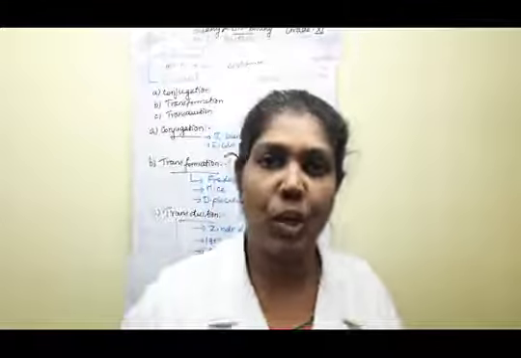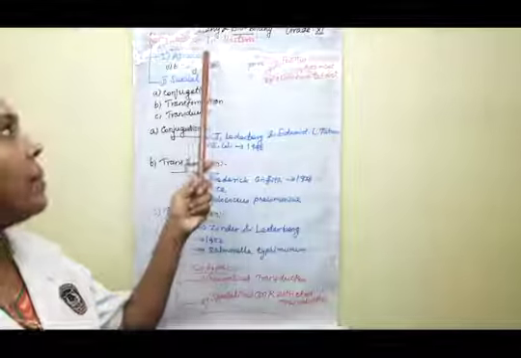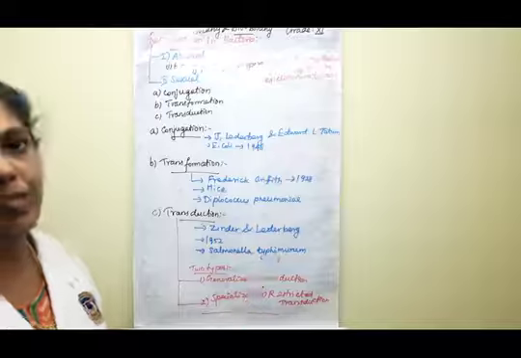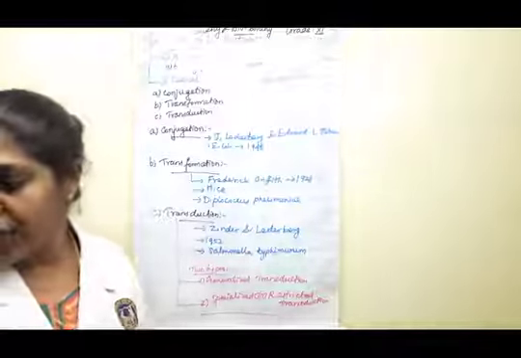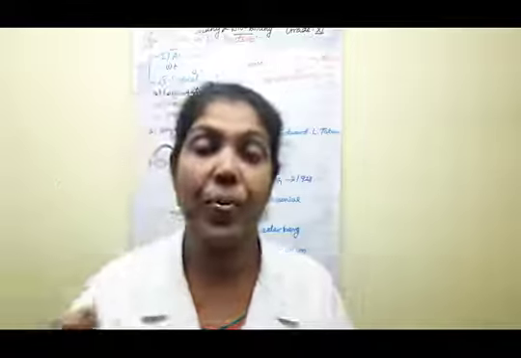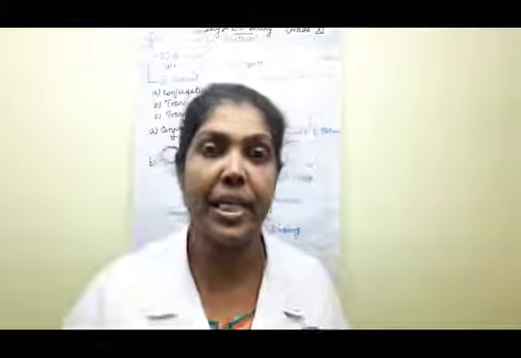This is the next topic: life processes in bacteria, reproduction of bacteria. Reproduction in a bacterial cell mainly comes under two methods, children. One is asexual and the other is sexual reproduction. Asexual means there is no gene or DNA transformation involved.